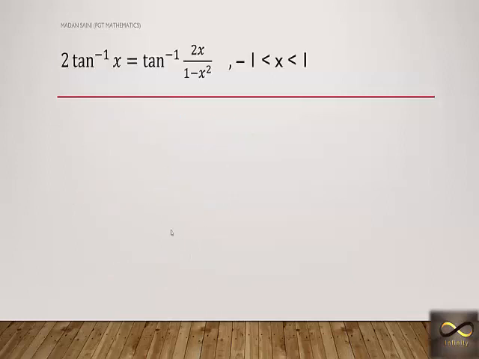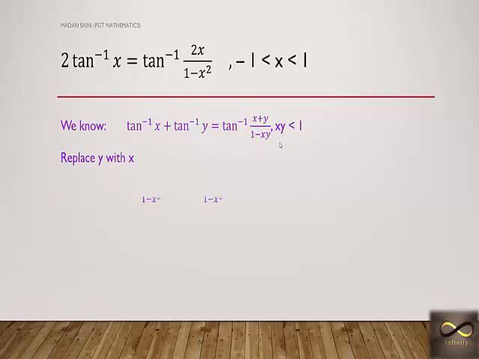I am going to prove this first one, 2 tan inverse x is equal to tan inverse 2x upon 1 minus x square whenever x lies between minus 1 to 1. As I discussed earlier, the first property जो भी इससे पहले वाली स्लाइड में दिखाई थी, tan inverse x plus tan inverse y is equal to tan inverse x plus y upon 1 minus xy whenever xy is less than 1. I am going to replace y with x.